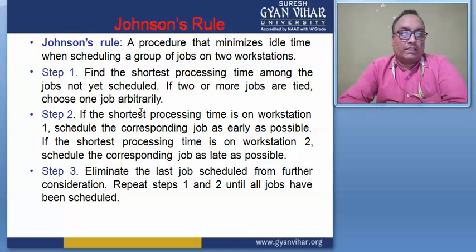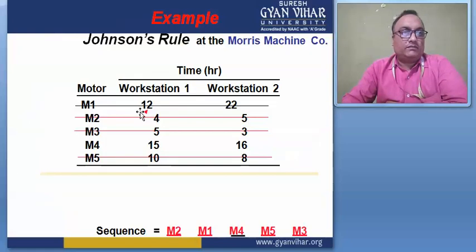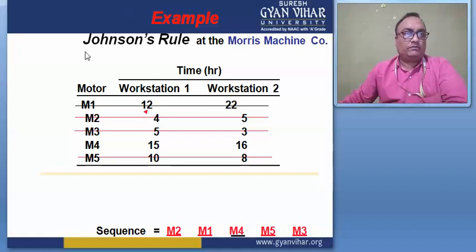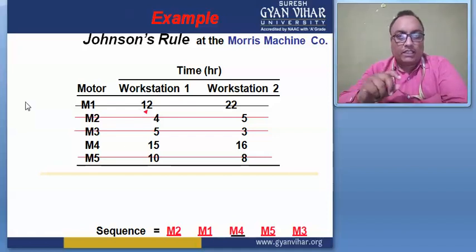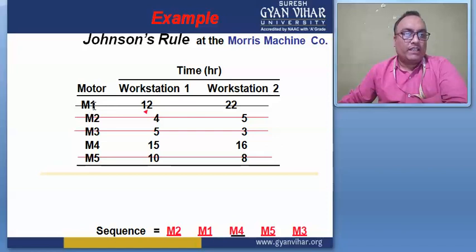So go to the next slide. This is a very good example. In this example, two workstations are given, workstation 1 and workstation 2. The different jobs are M1, M2, M3, M4, M5. These are the motors.